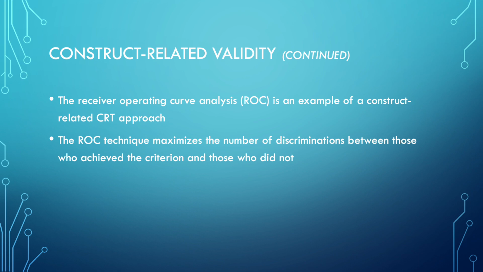We also have another analysis tool: the receiver operating curve analysis, or the ROC. This is an example of a construct-related criterion referenced test approach. The ROC technique maximizes the number of discriminations between those who achieved the criterion and those who didn't.